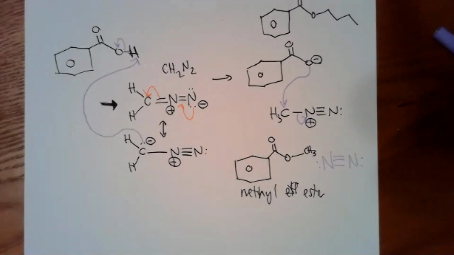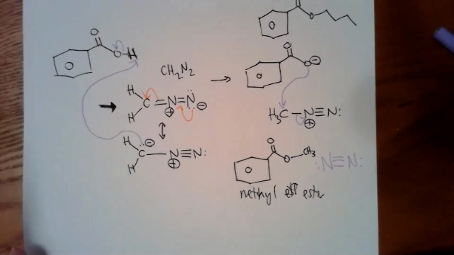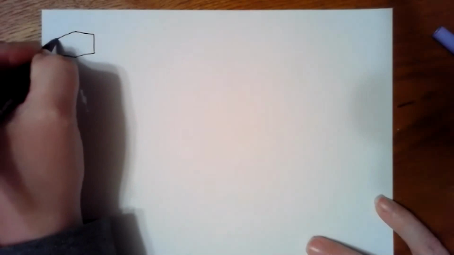Moving right along to our next example is the Fischer esterification. The Fischer esterification is going to take me some more space, so let me switch to a new paper. Moving right along to the next example, the Fischer esterification. The Fischer esterification example that I have given you starts with benzoic acid.